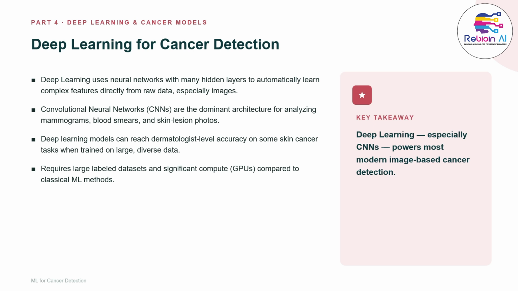Let's understand it this way: if a classical ML model is like a skilled technician following a checklist you gave them, a deep learning model is more like an apprentice radiologist who has looked at 10,000 scans and started developing their own intuition for what looks off without anyone explicitly telling them the rules. This is what deep learning is.